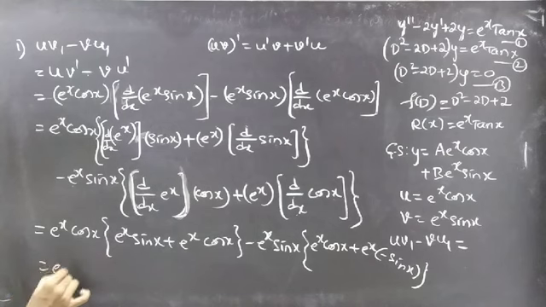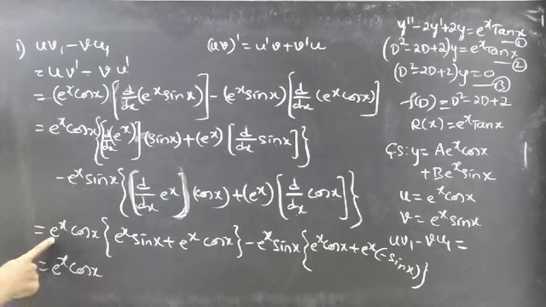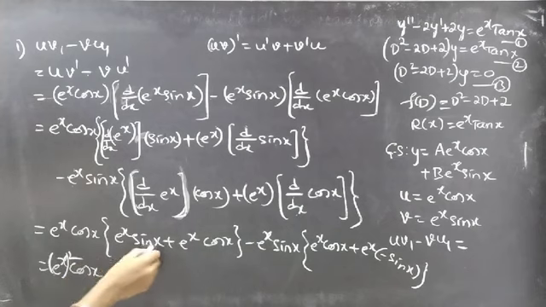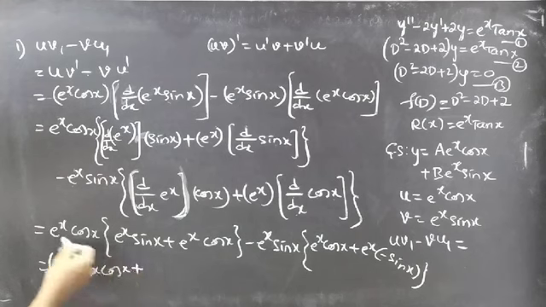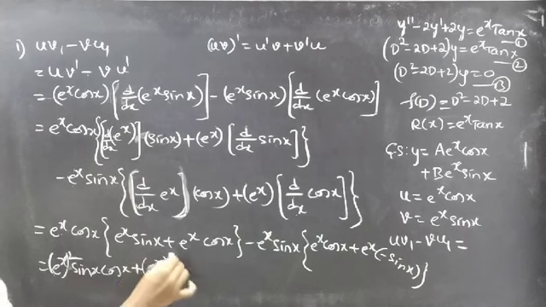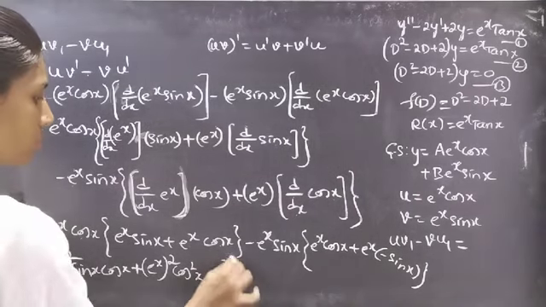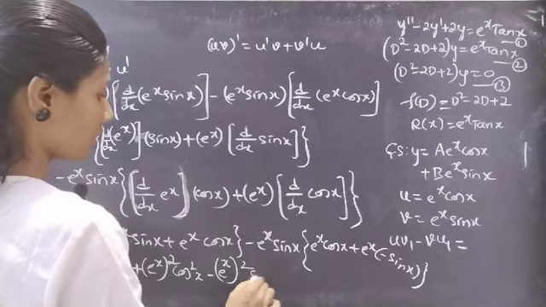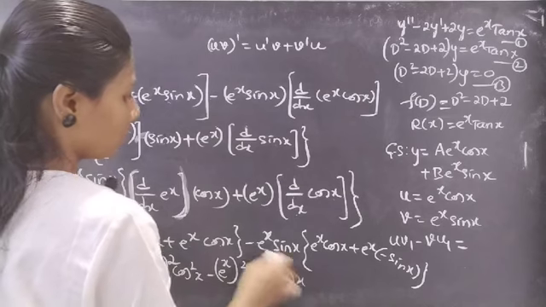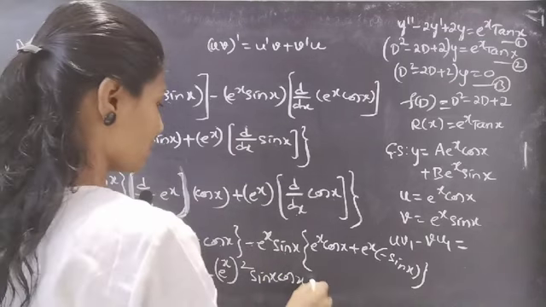Okay, this becomes e power x cos x into e power x sin x is e power x whole square into sin x into cos x, plus e power x into e power x whole square into cos x into cos x is cos square x, minus e power x into e power x is e power x whole square into sin x cos x, minus into plus minus, minus into minus plus.